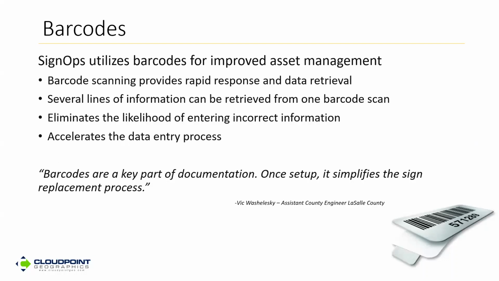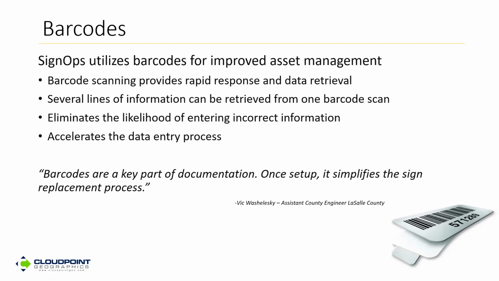Really, the workflow for barcodes in SignOps is once a sign is purchased and assigned a barcode number in the actual SignOps solution, that barcode is a unique identification number specific to that sign for its entire life within the SignOps solution, which means every time a sign is assigned a barcode, that sign is then tracked using that identification number in the application.